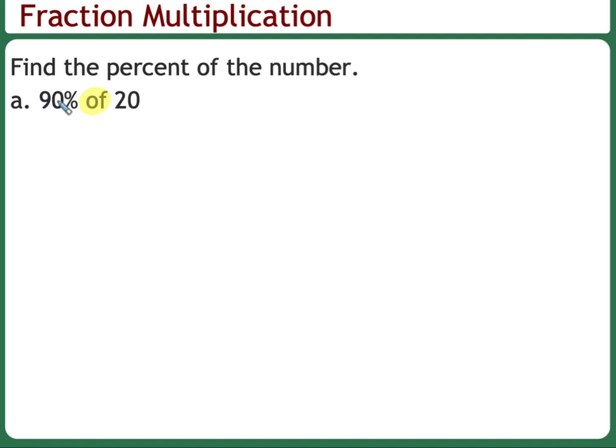And we know how to write 90% as a fraction, so actually it's not too bad. So we remember that 90% is equal to 90 per 100. So 90% of 20 is 90 over 100. That's our 90% of 20. And we can do this multiplication.